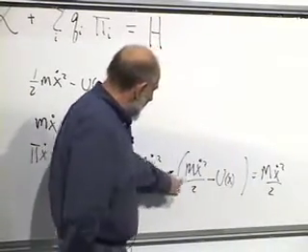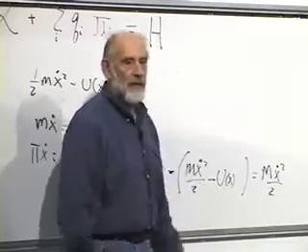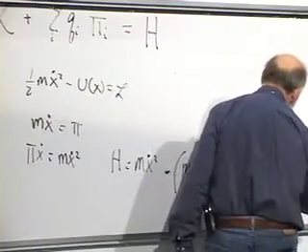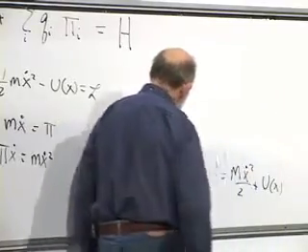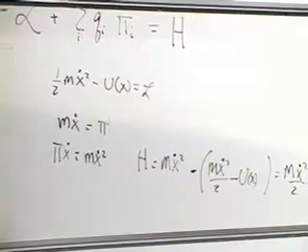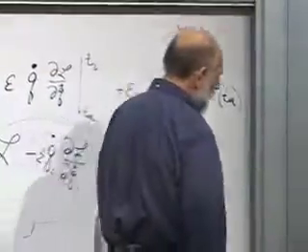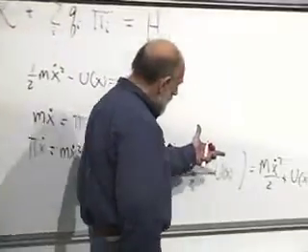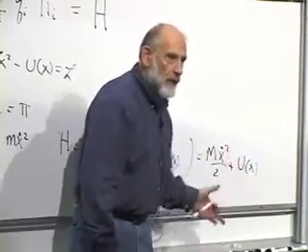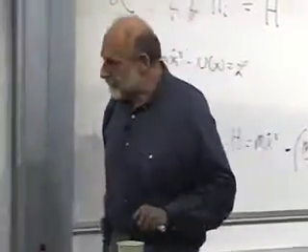Notice we're subtracting minus u of x. That means plus u of x. So indeed, this quantity which is conserved by virtue of the time translation invariance really is the sum of kinetic energy and potential energy. This is true very generally.